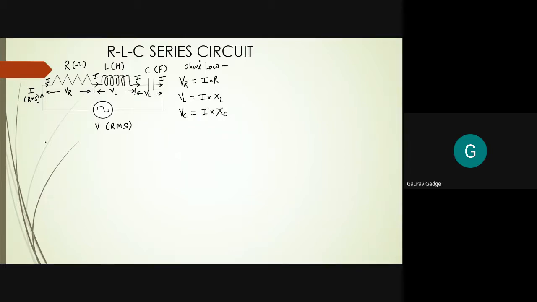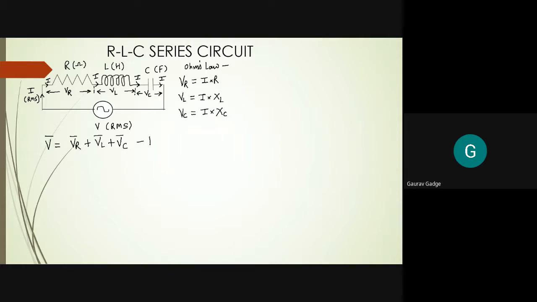So what we can write is V is equal to VR plus VL plus VC, that is the vector sum of the three voltages: VR, the voltage drop across resistance, VL, across the inductor, and VC, across the capacitor. When these three voltage drops are added, they give the total voltage supplied to this circuit, V, the supply voltage.